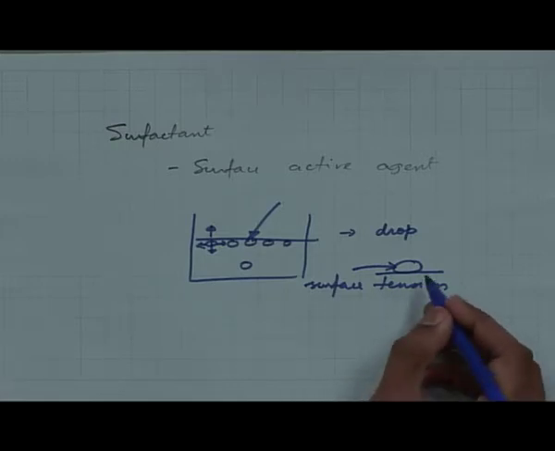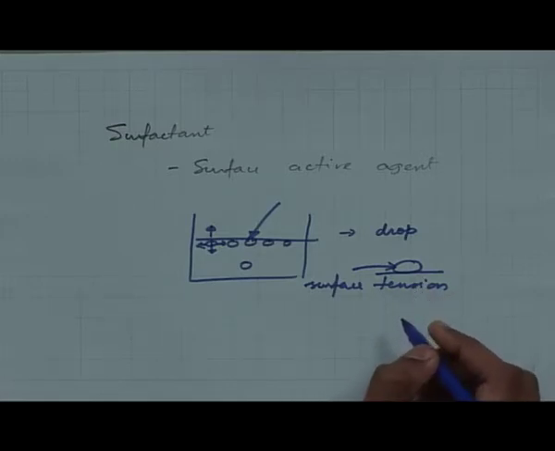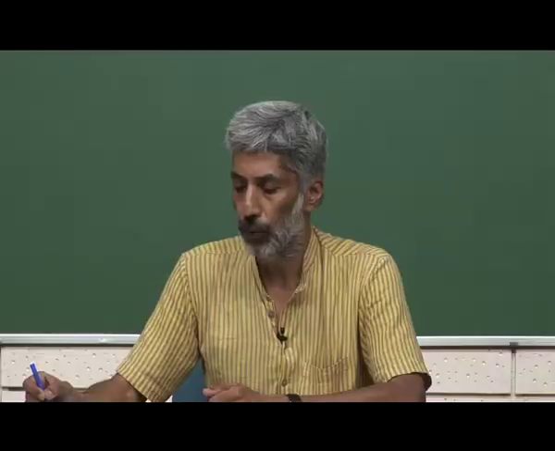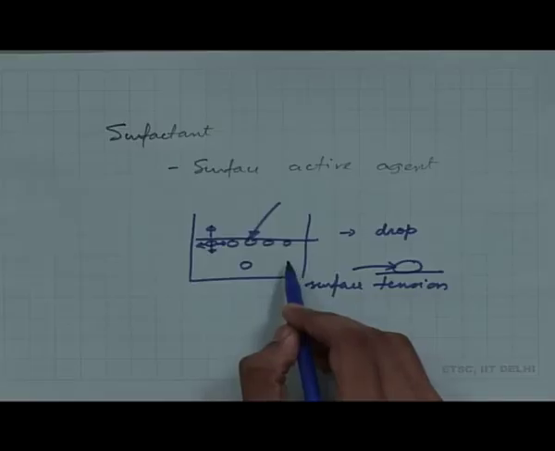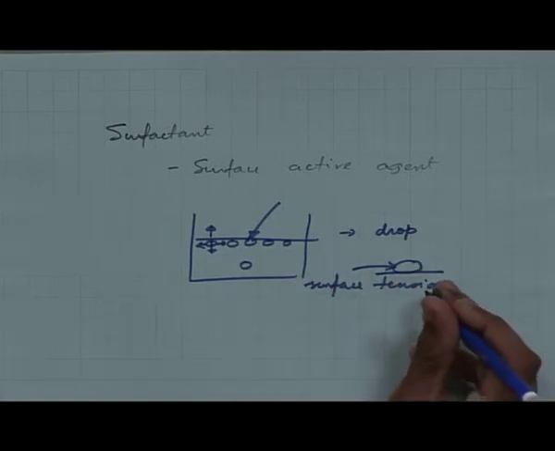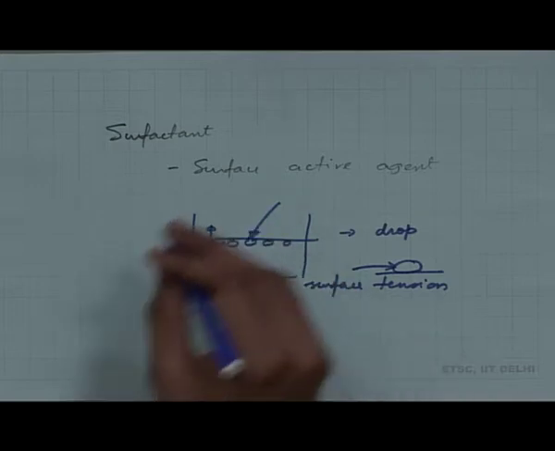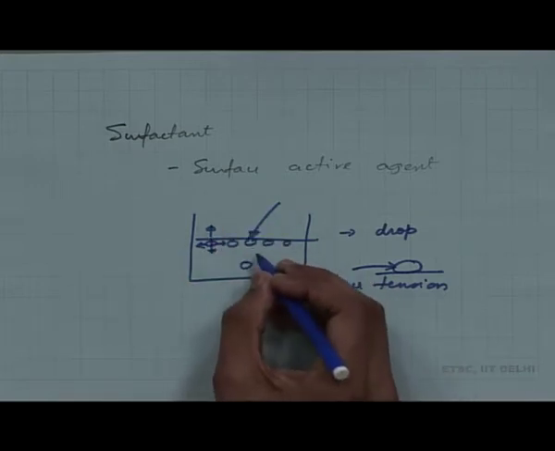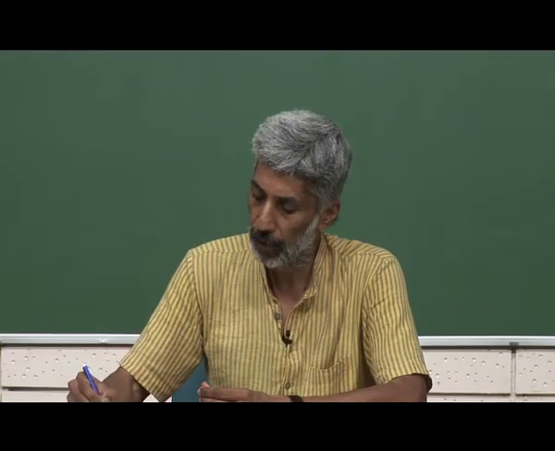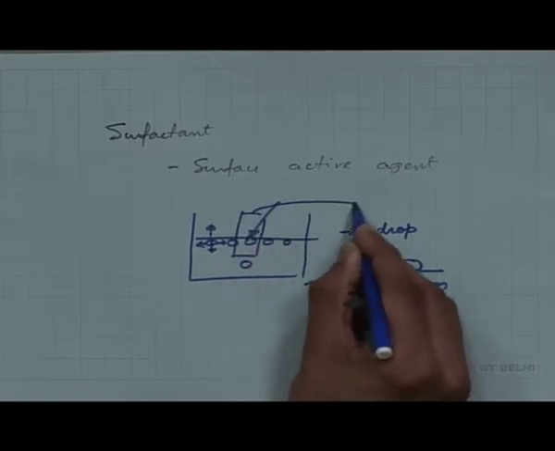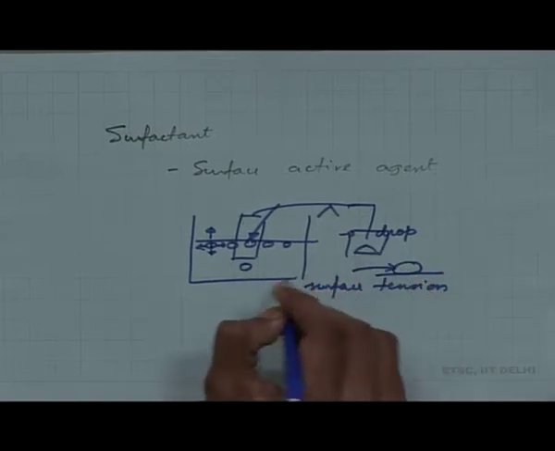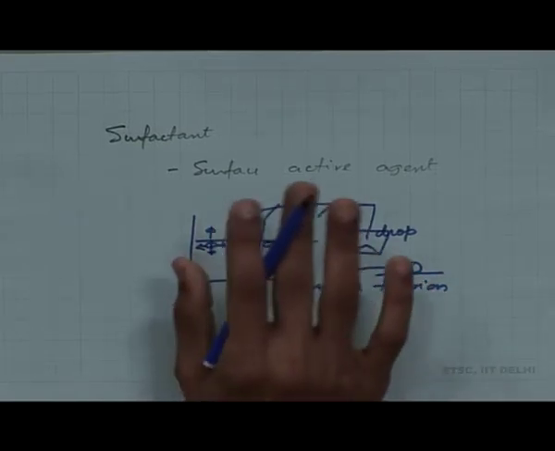And any time you create a surface, you have to do work on it, and the surface tension is a measure of the work that you do to increase the area of a surface by 1 square centimeter or 1 square meter, depending upon what units you use. So, this is easily measured. All that you have to do to measure the surface tension of a liquid is to take a microscopic slide and dip it into this, and you can balance this with a weight, and from this you can measure the surface tension of the liquid. But that is not important for us.